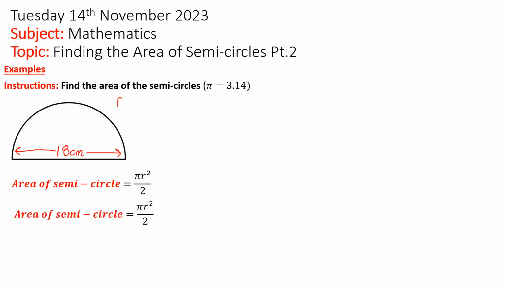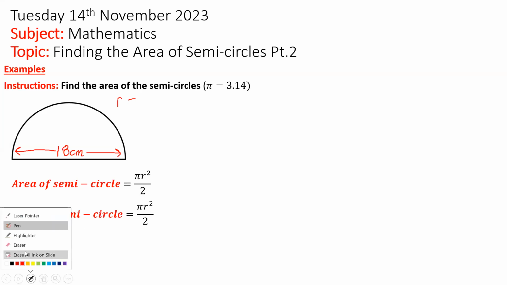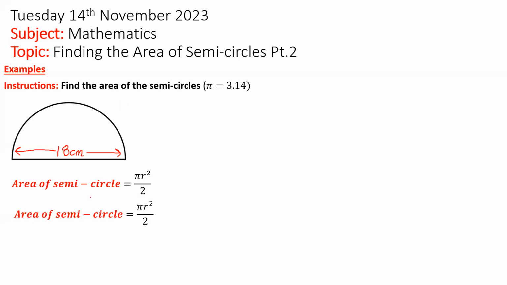Why are you saying 9? Because 18 is the diameter, so half of it is 9. Do we agree with China and Casey that it's 9 instead of 18? Yes, sir, it's 9. Anyone agree with them? They're saying it's 9 and not 18. Do you all agree with them?